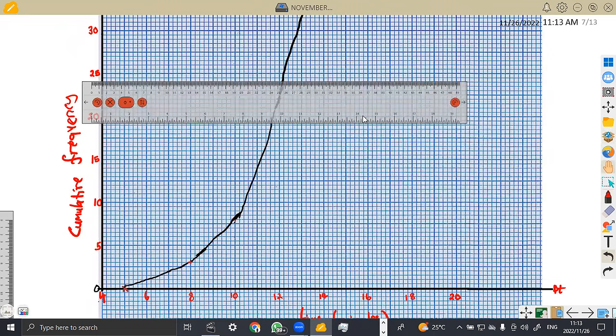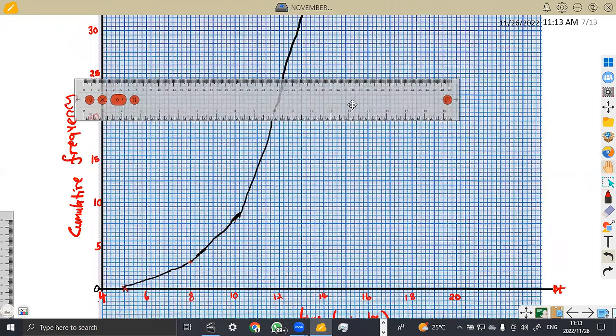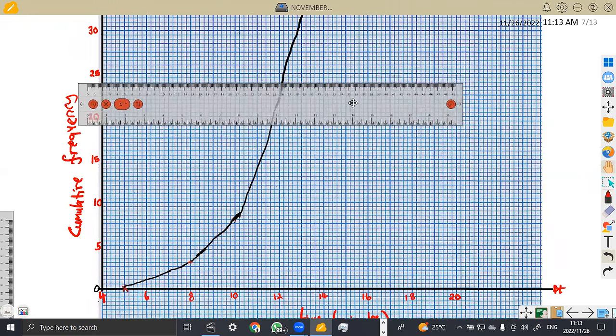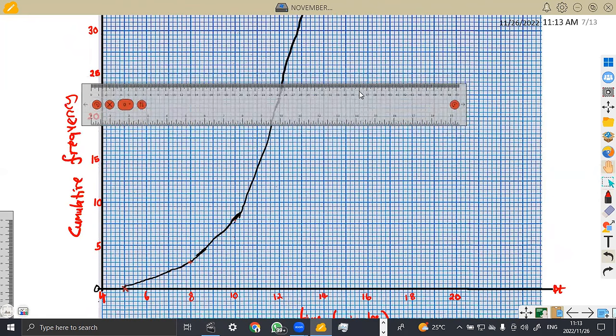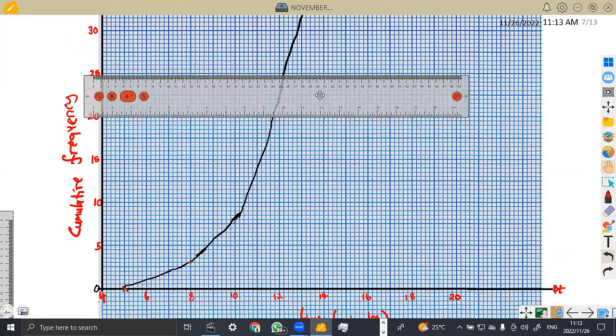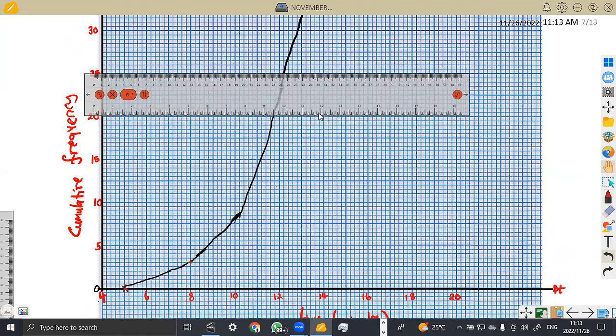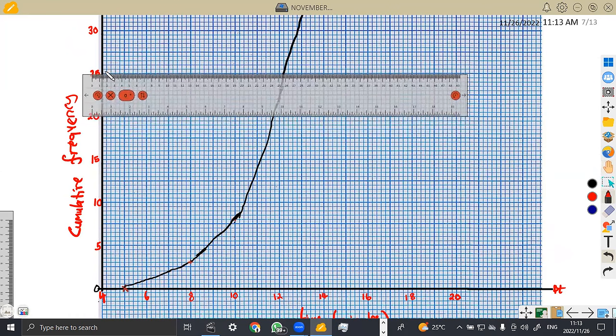So I'm just going to draw straight from 25 to the graph. This is where we've got 25 here. I want exactly where we have 25 at this point. So draw straight to the graph. You can even use dotted lines if you want.